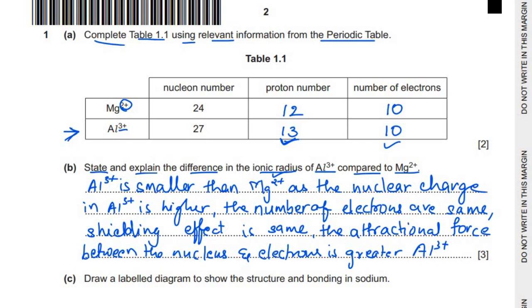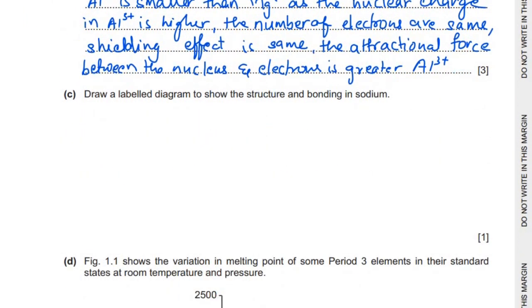Okay, the next C part, it says draw a labelled diagram to show the structure and bonding in sodium. Now sodium is a metal, so the bonding in sodium is metallic bonding, and so what we need to draw is the positive ions in a regular lattice structure.